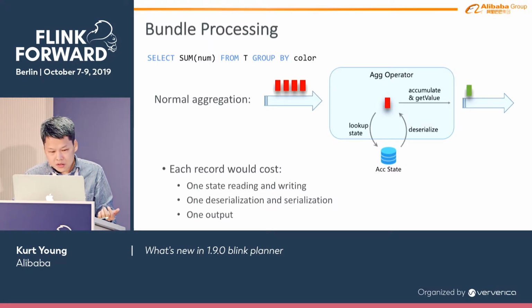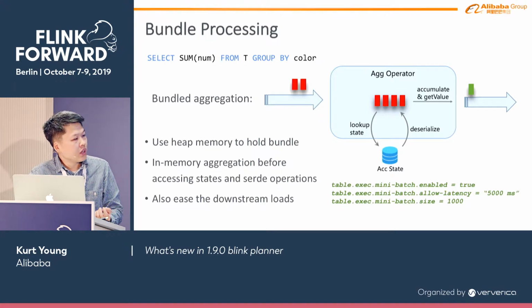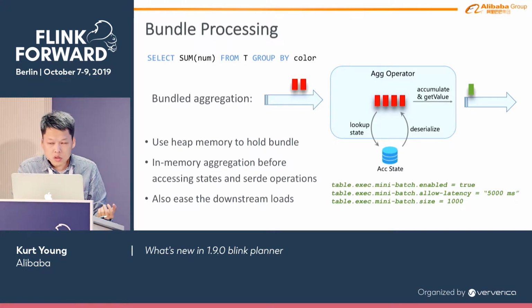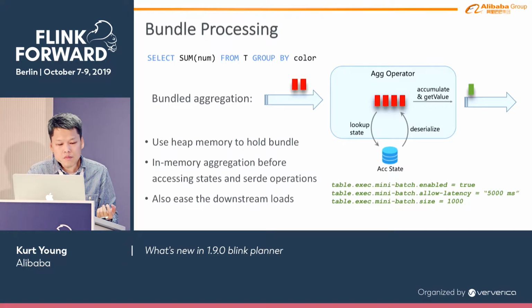So what can be improved? The approach we took is also very simple. Instead of doing the calculation for each record, we buffer the records in heap memory to hold the bundle. We also have some triggers on the bundle, like a time limit for the real calculation to happen, or a size limit on the bundle.